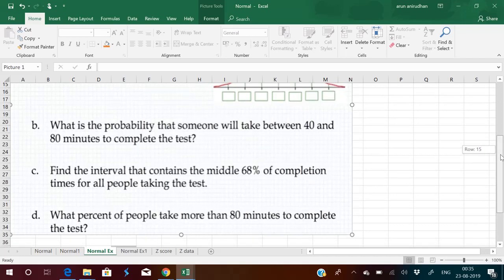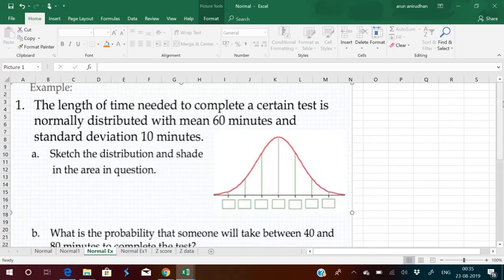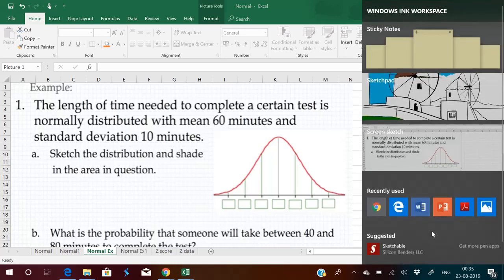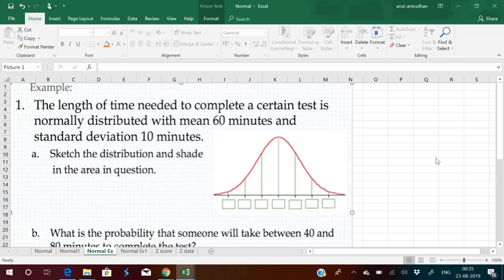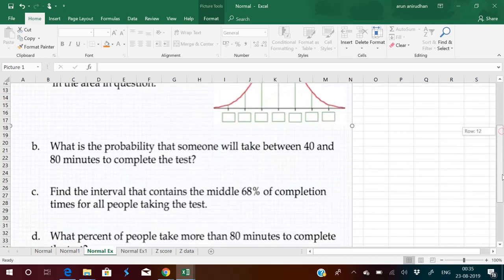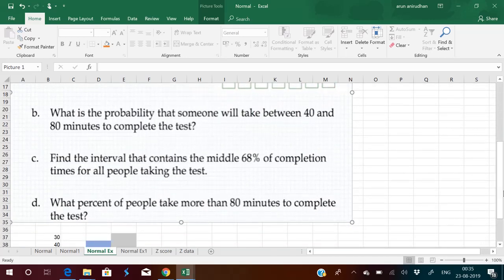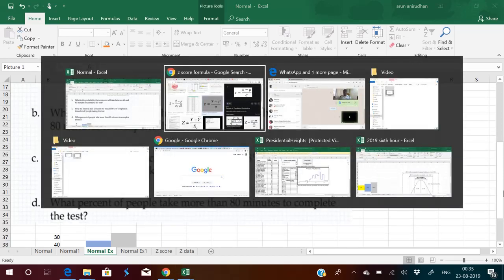So next question is little interesting. What percentage of people take more than 80 minutes to complete the test?